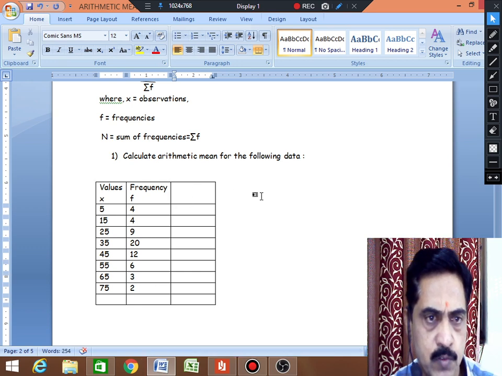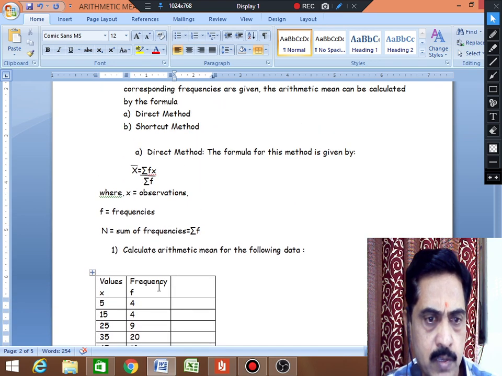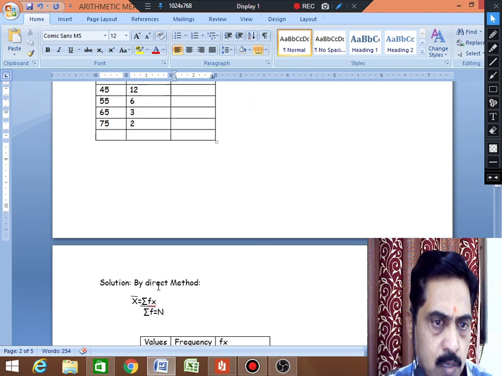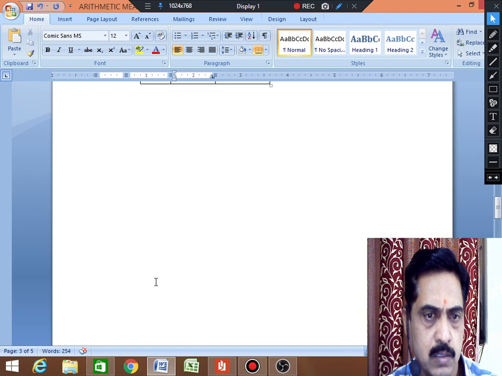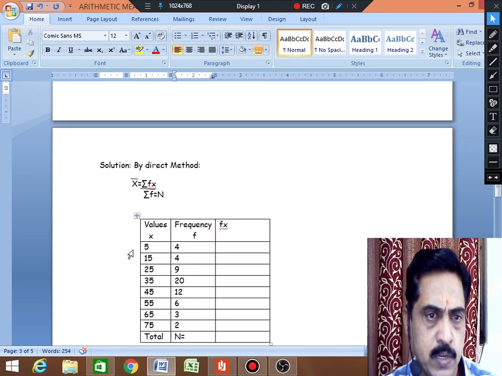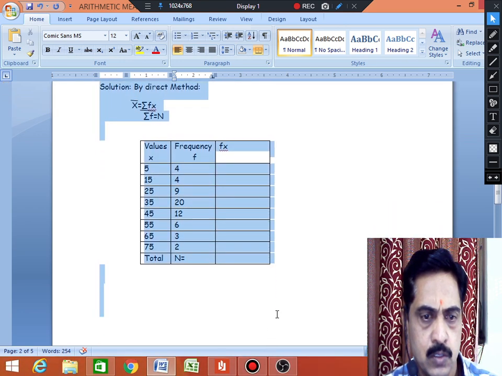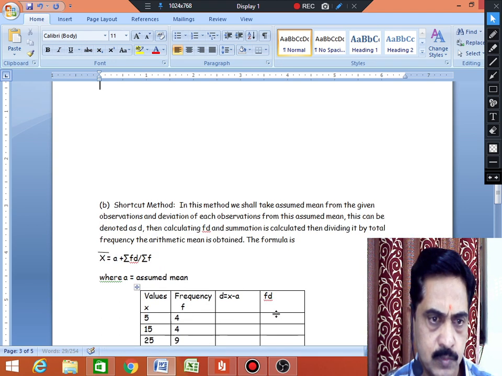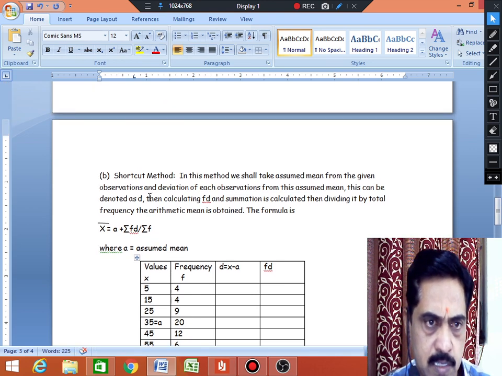Here is the second one, the shortcut method.